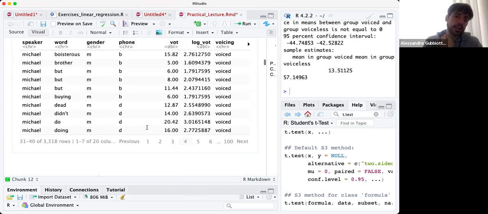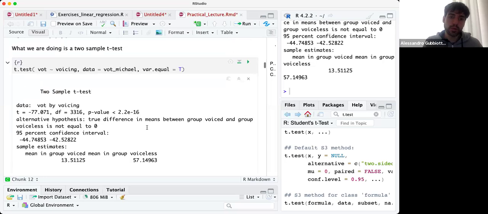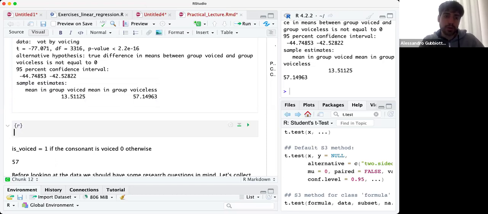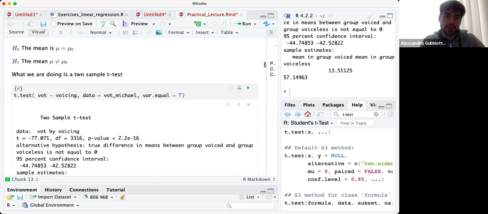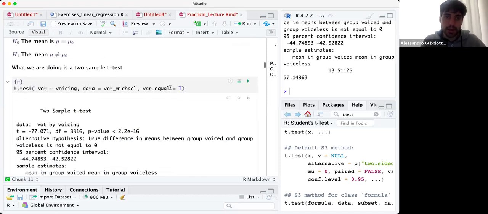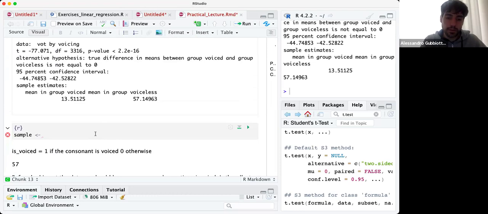Now, we didn't do this in lecture. We did the following test. We have a sample, in this case the vocal onset times for a voiced consonant, or sorry, vowel.